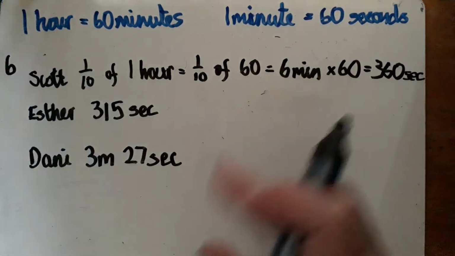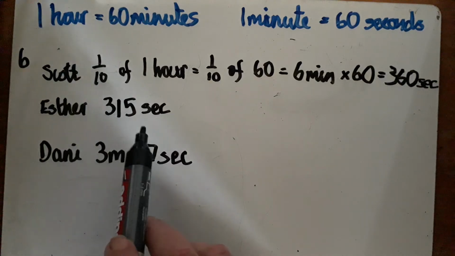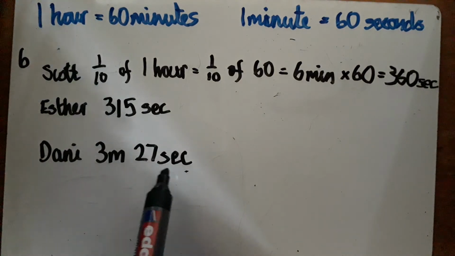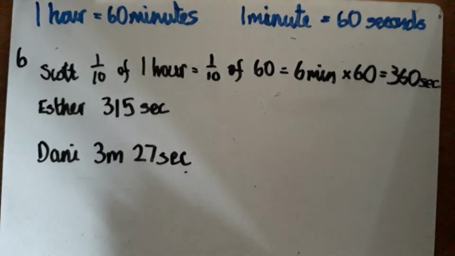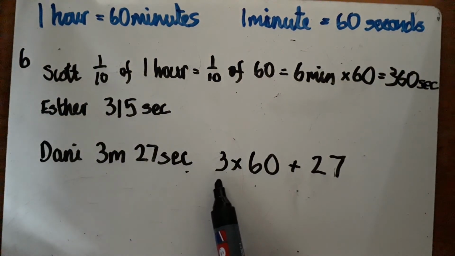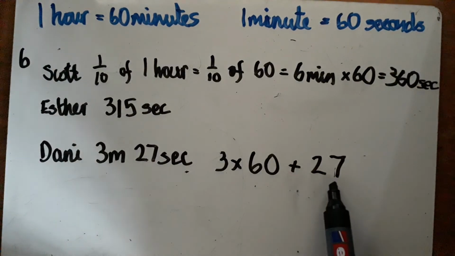Okay. We don't need to do anything to Esther's at all because hers is already in seconds, but we need to convert Danny's time into seconds. Okay, so for Danny's time, I need to do 3 times 60 and then add the 27 seconds on.